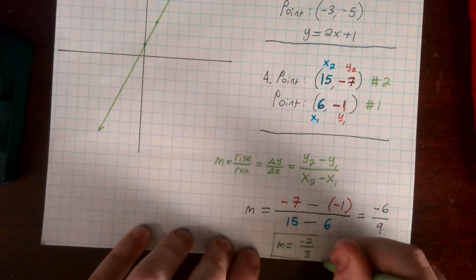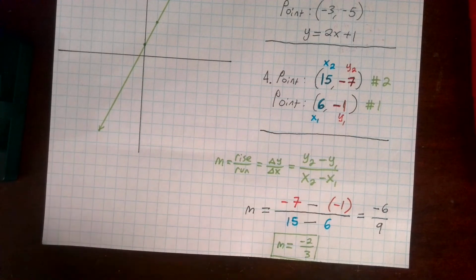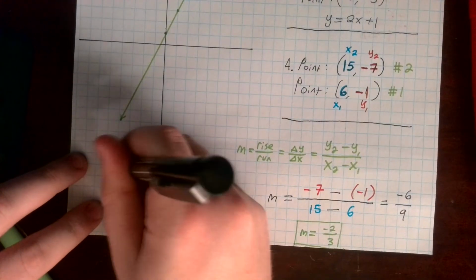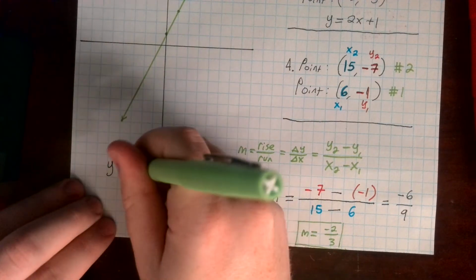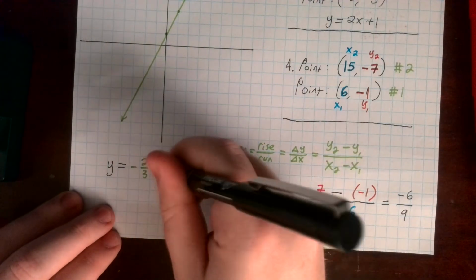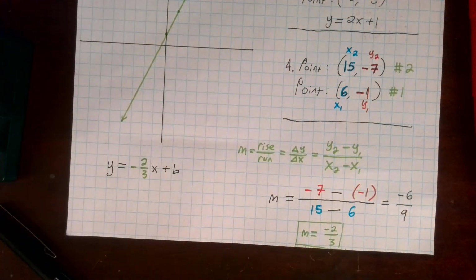Our slope is -2/3. We now know our m. We've got most of the equation figured out. y equals our m of -2 over 3 x plus b. But we run into the same problem as last time, which is that we don't know what b could be. But we know how to find it.